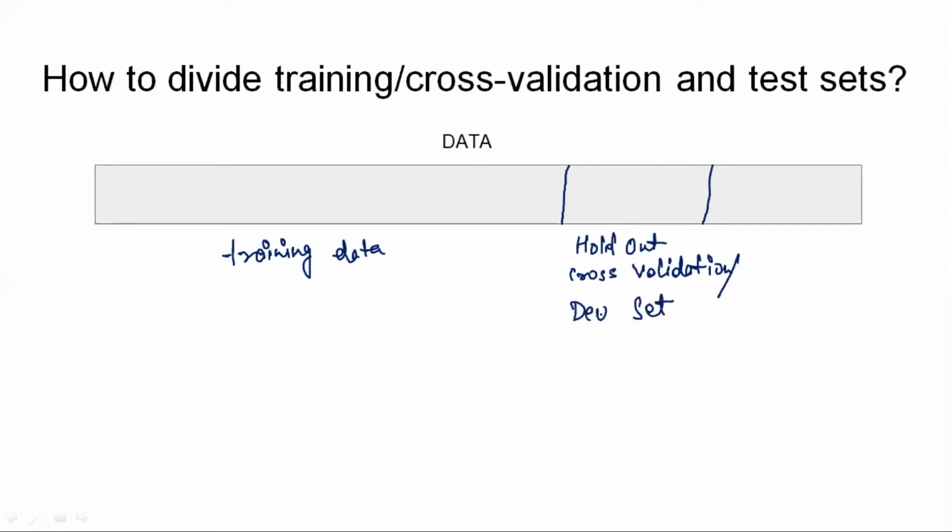Instead of writing the whole word development, we would generally use the term dev set for representing this development set. And now the third part of this data set would be the test set.